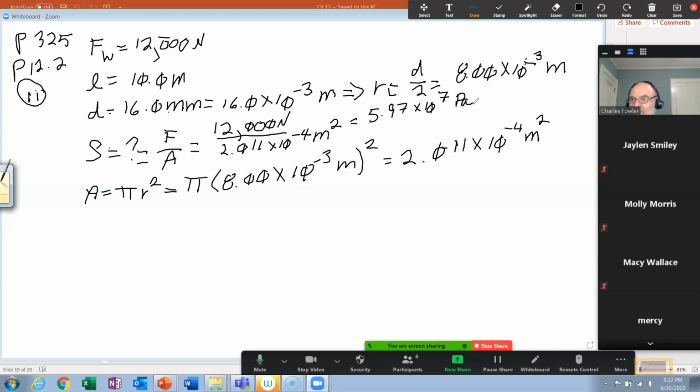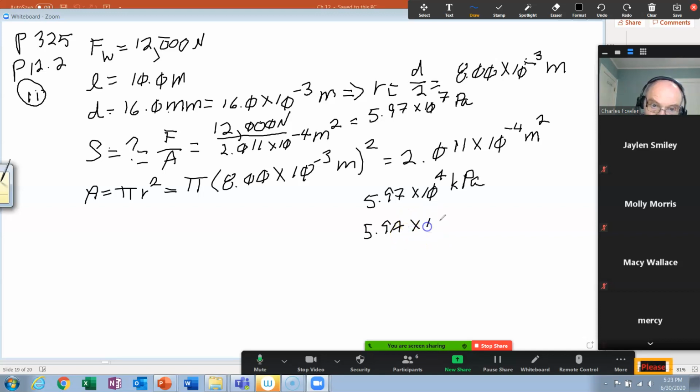Now what we might want to do is write that in terms of kilopascals. What that would do for us, I'm going to write this down here, that would be same number, 5.97 times 10, and a kilo means 1,000, so I would take 3 away from that and make it 10 to the 4th kilopascals. Or I could take it another 3 and make it 5.97, that's supposed to be a 7, that's pretty ugly, isn't it?